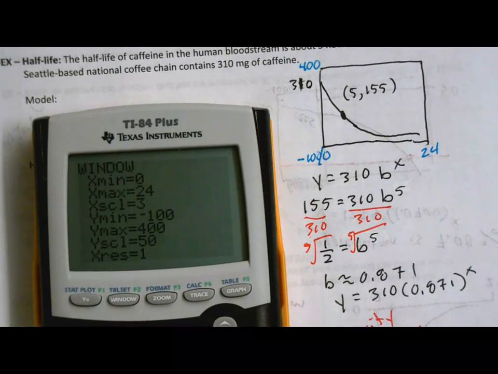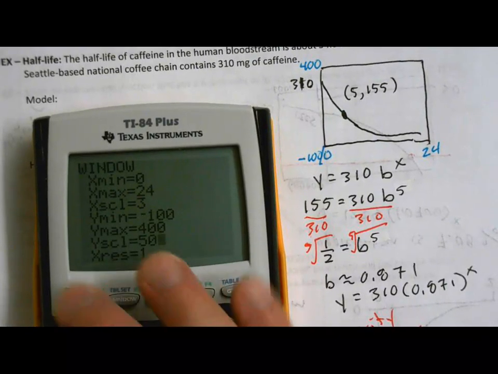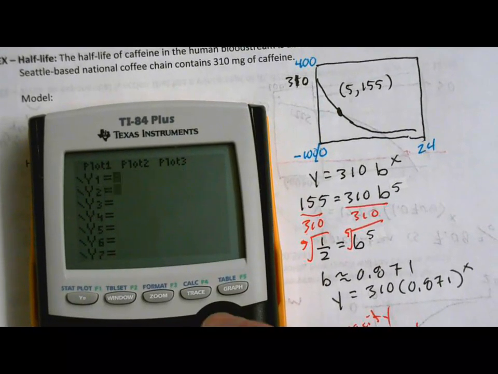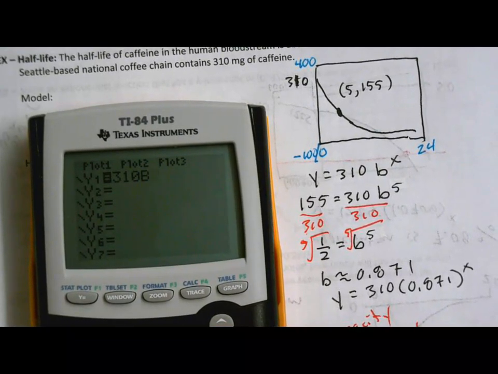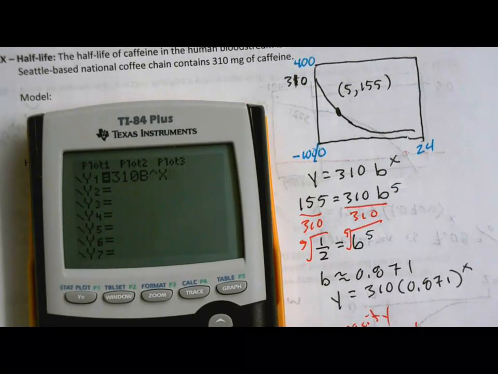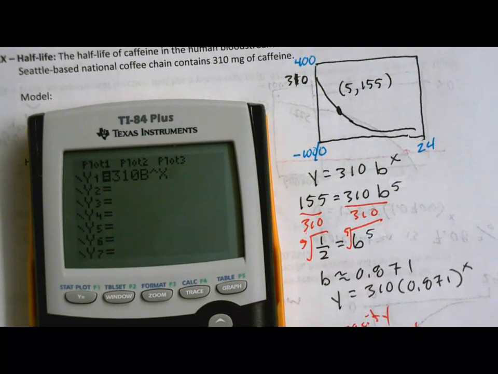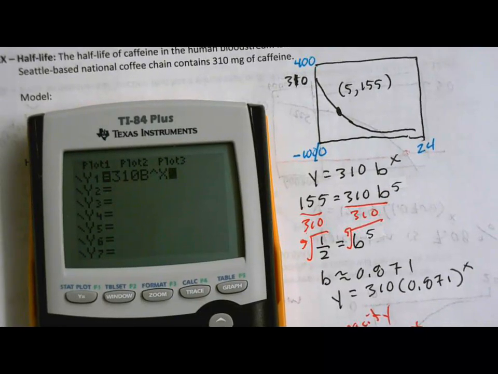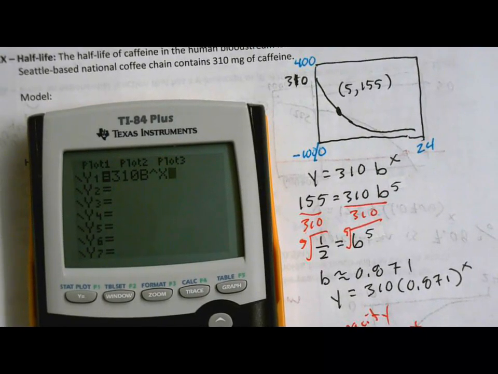I don't know. That should work. Yeah, has anybody made that mistake today? Like you get your window set up and you hit graph and you're like, why can't I see any? Oh, wait, I didn't type in the equation yet. I do that all the time.